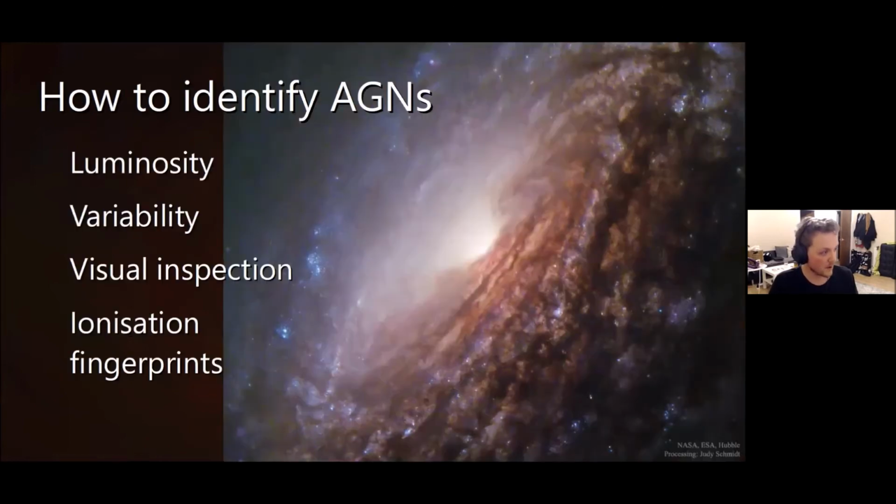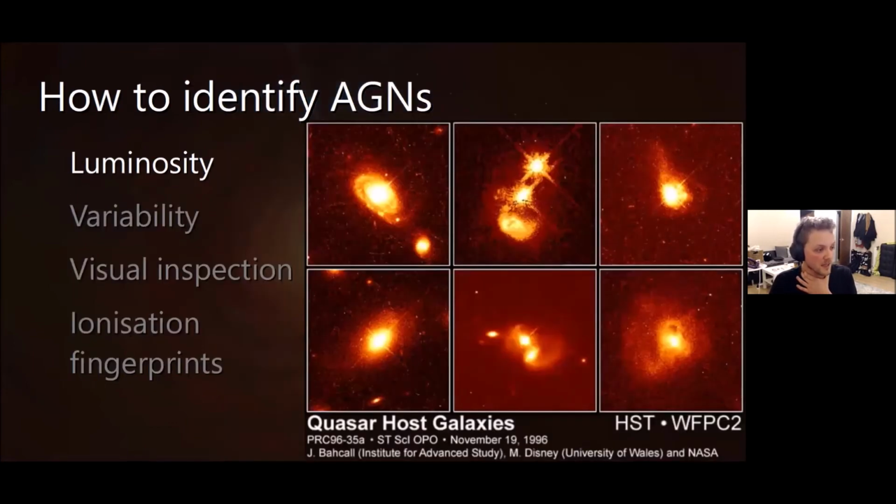And just four very quick ways to identify AGNs. First is the luminosity. Like I just said, usually an AGN outshines its host galaxy. This is a photo from the Hubble Space Telescope. It's a bit old now, but they tried to subtract the emission they expected from the quasar, and then they could see the host galaxy.